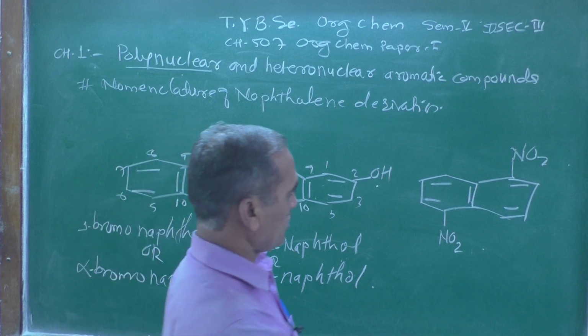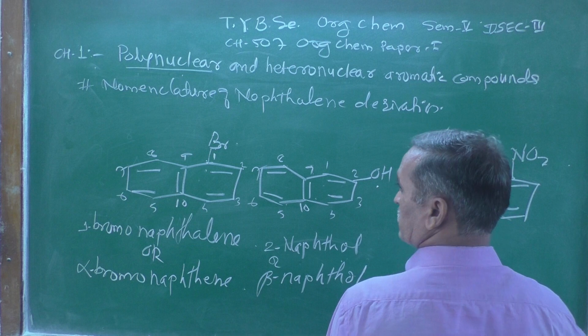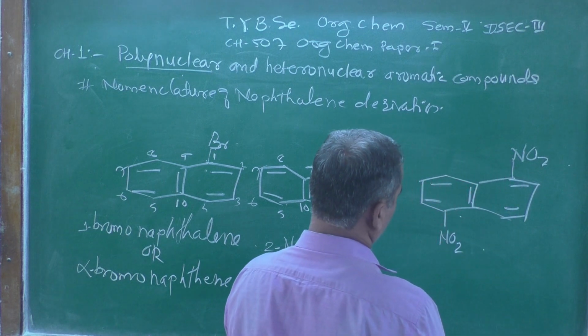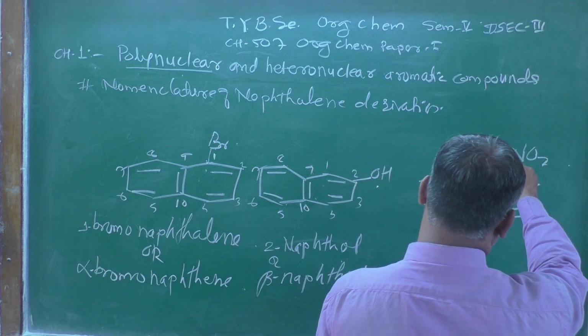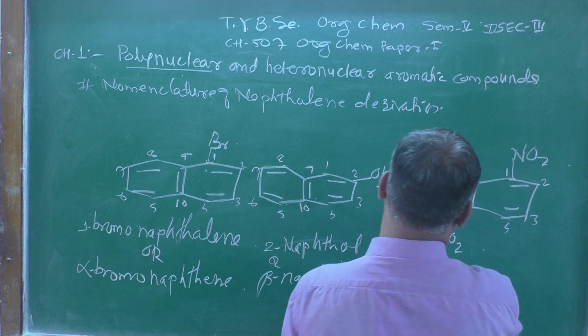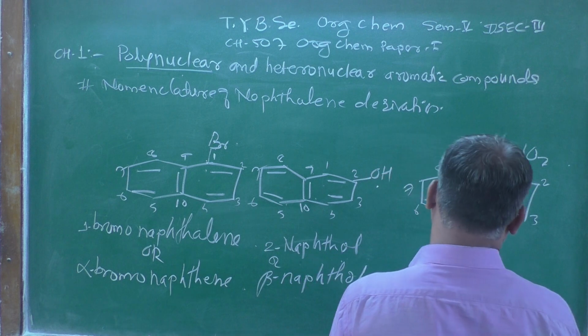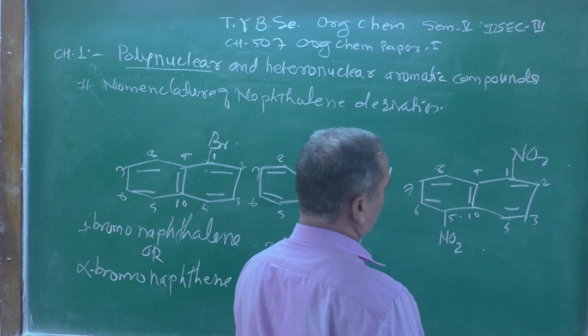Now let us say here, you can start the numbering either this side or that side, doesn't matter. So let us see here 1, 2, 3, 4, 5, 6, 7, 8, 9 and 10. Look carefully. What do you observe?